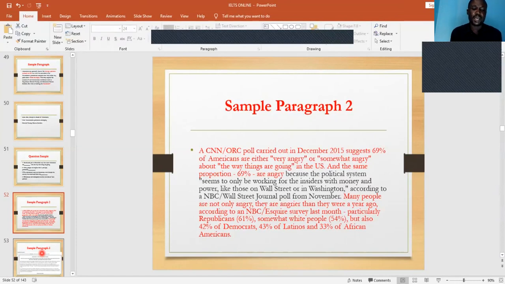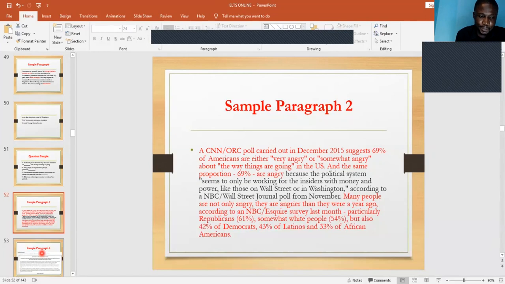Okay, according to this paragraph now, it said a CNN ORC poll carried out in December 2015 suggests 69% of Americans are either very angry or somewhat angry about the way things are going in the US.